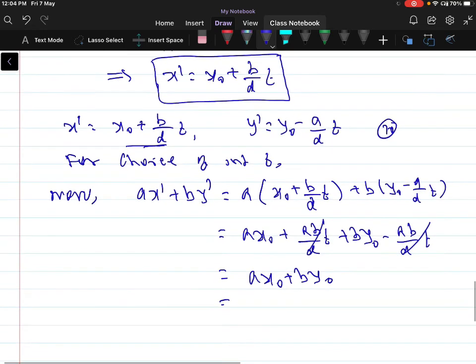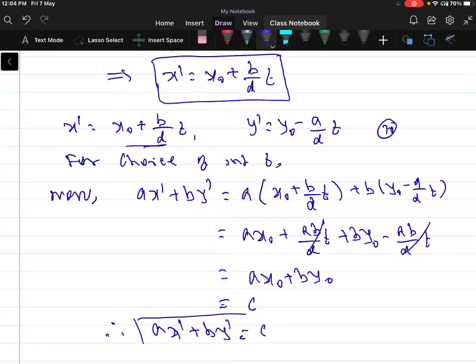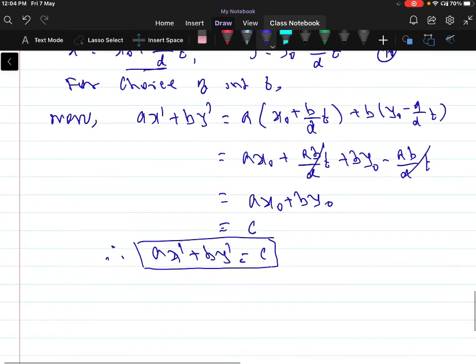So you know x naught and y naught is a solution of the Diophantine equation. So therefore this can be written as equation C. Therefore ax dash plus by dash is equal to c. Therefore you can write x dash and y dash be a solution of the Diophantine equation, where t is an arbitrary integer.